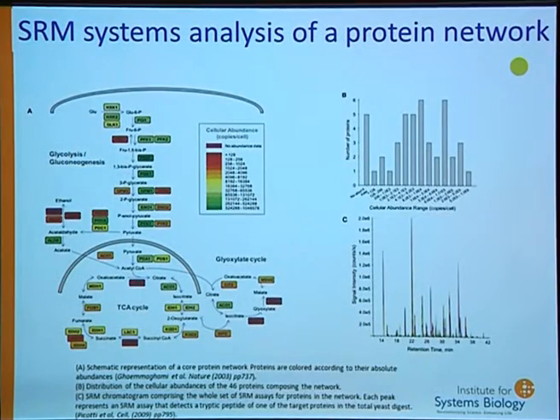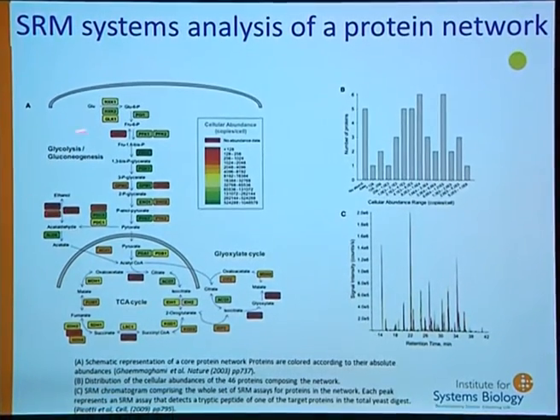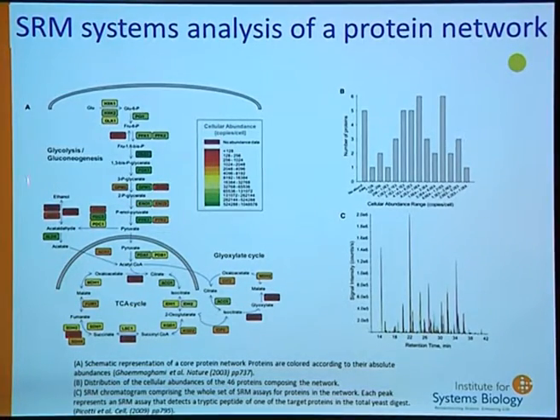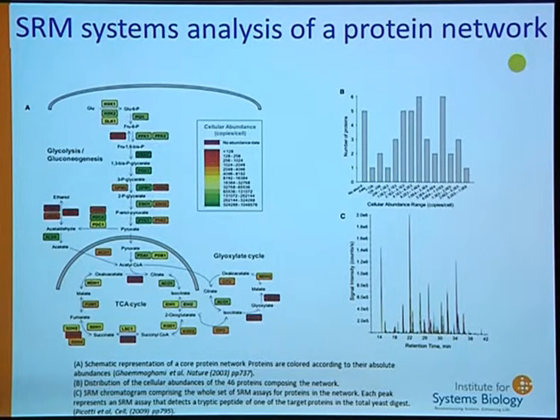And what you can do is say, if I come up with a network of proteins, and here's a network of proteins that has to do with glycolysis and glycerol metabolism, these enzymes all deal with that molecule. If you change the growth medium from one to another, you want to see what the difference is in all those proteins in that system.